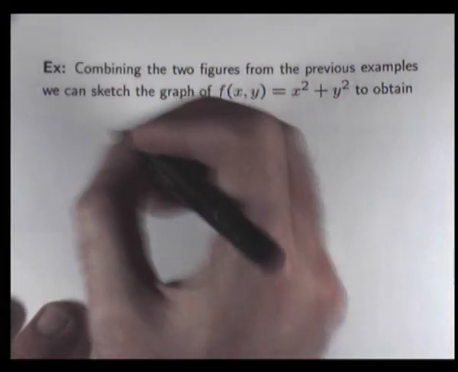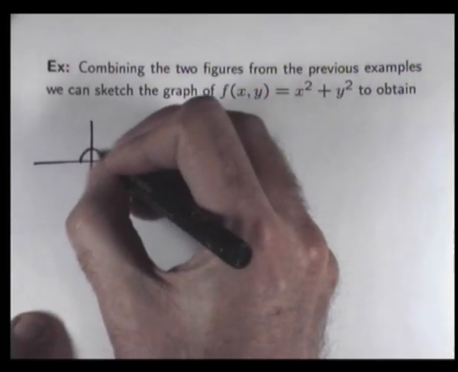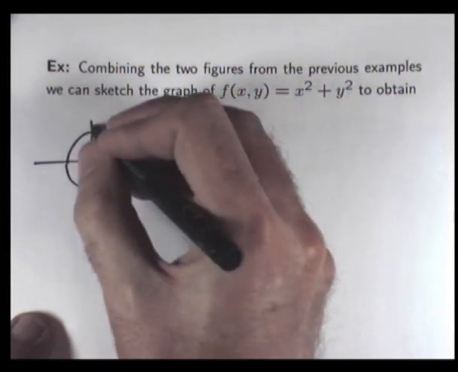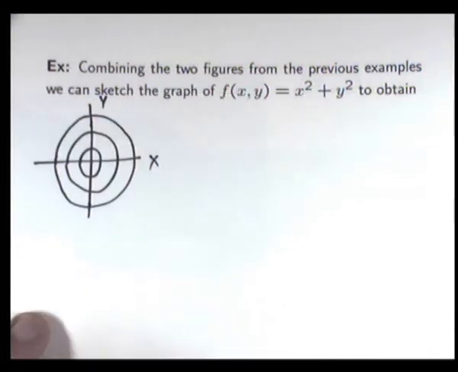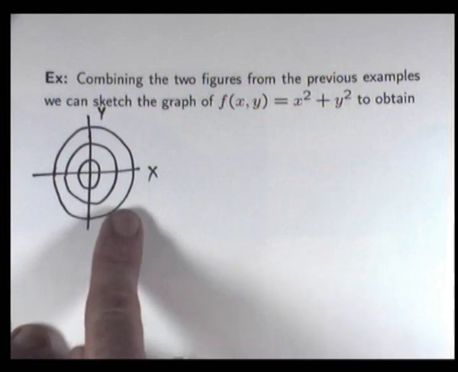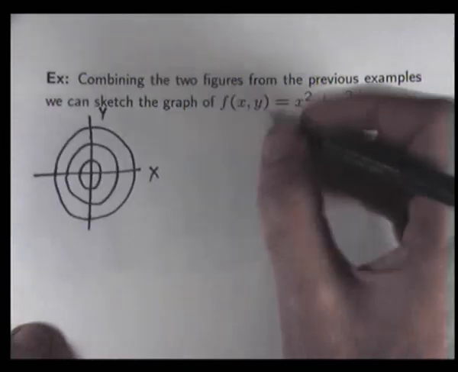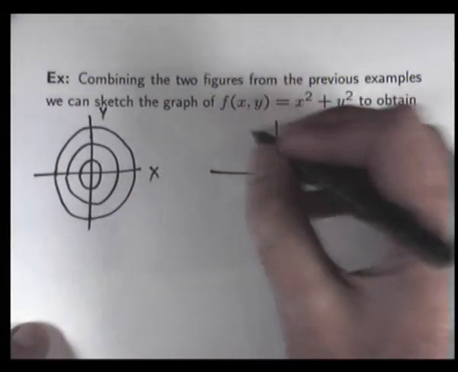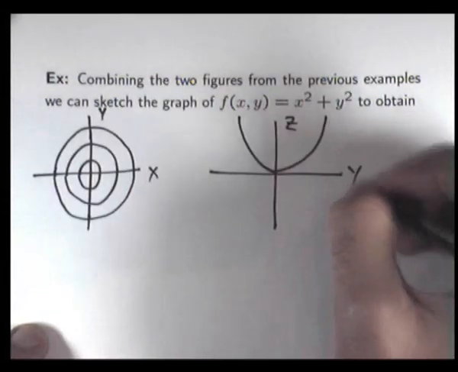From the previous examples, this is essentially what we have. Our level curves were concentric circles, and the contour curves were all lying above the xy plane, so we want to pull them up along the z-axis. Now, one of these sections, we calculated to be the following.